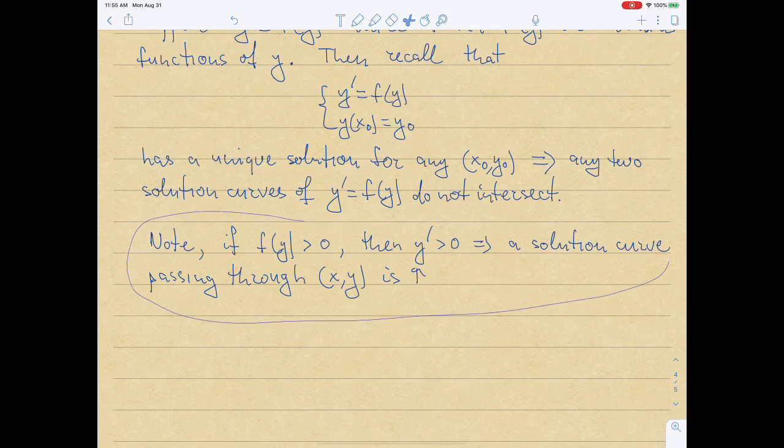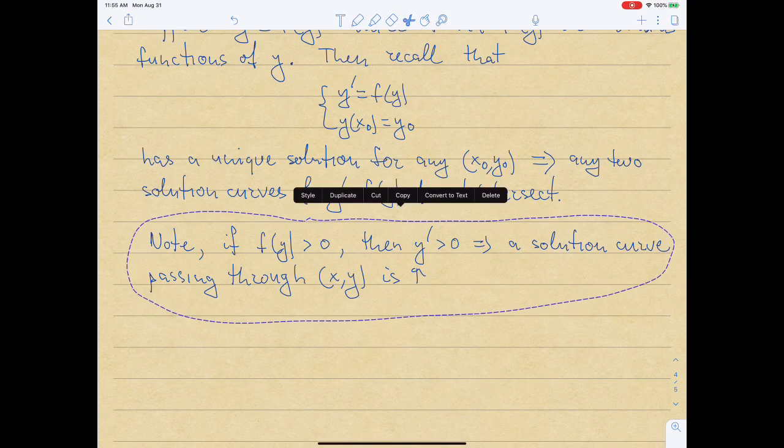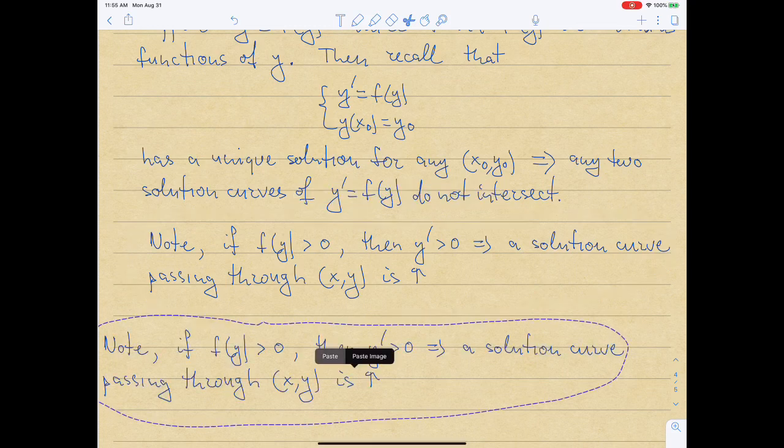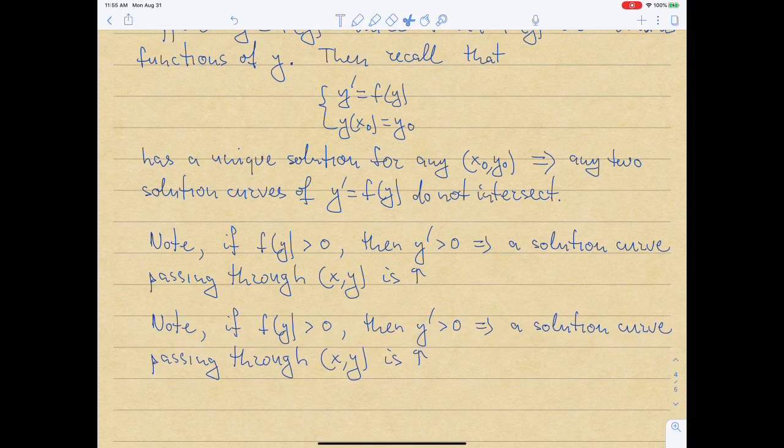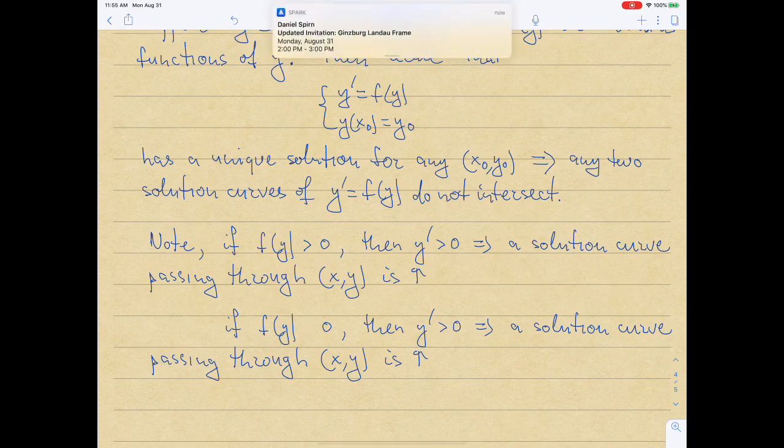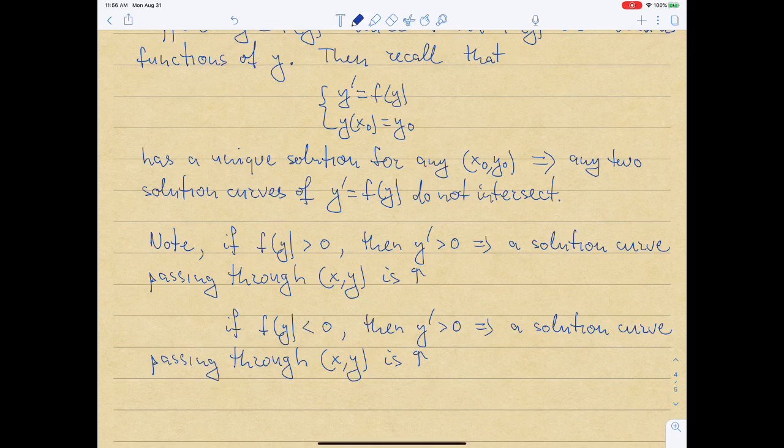Likewise, if f of y is less than 0, then any solution curve is decreasing. Any solution curve which passes through point x, y.